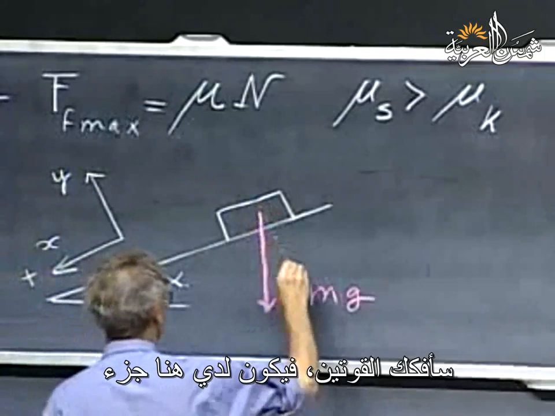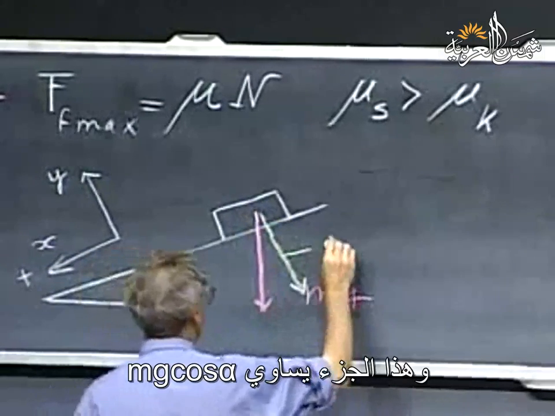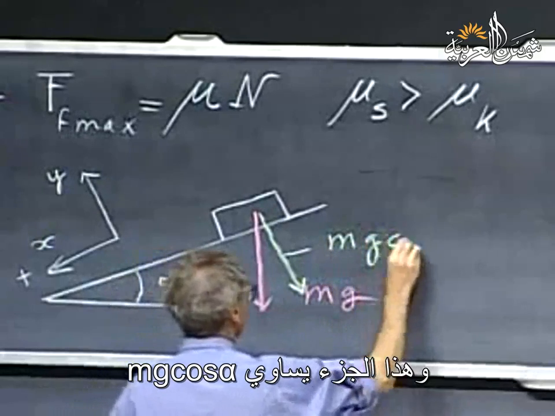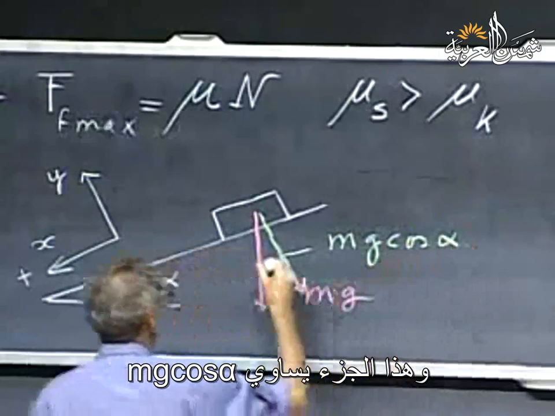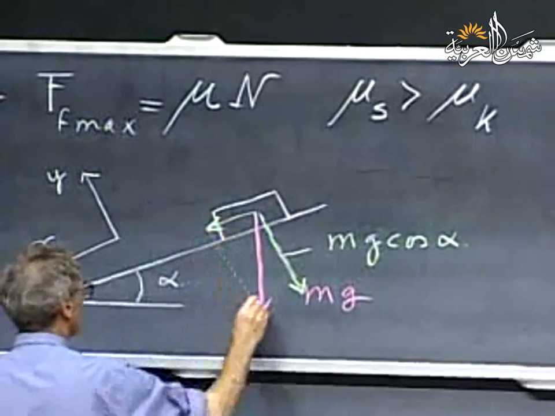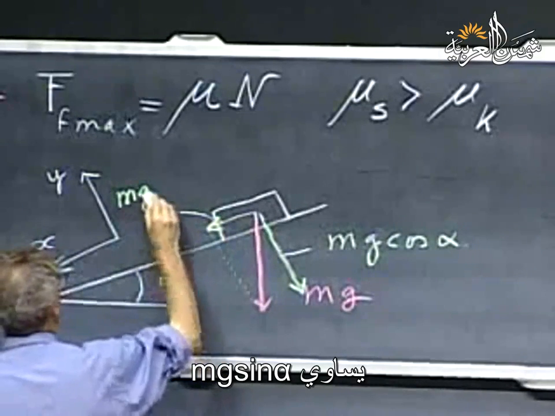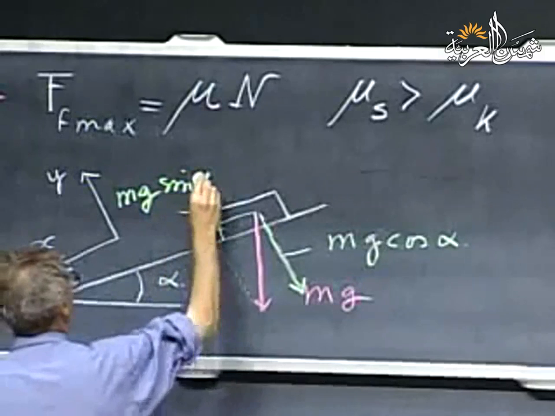So I have one component here, and this component equals mg times the cosine of alpha, and I have a component in the x direction, which is mg sine alpha.